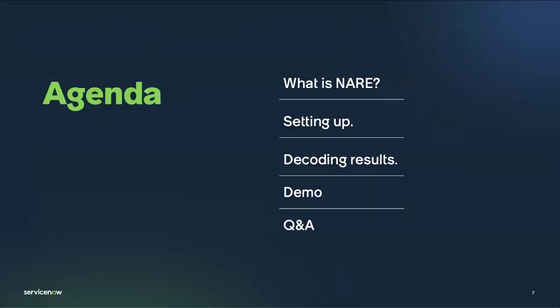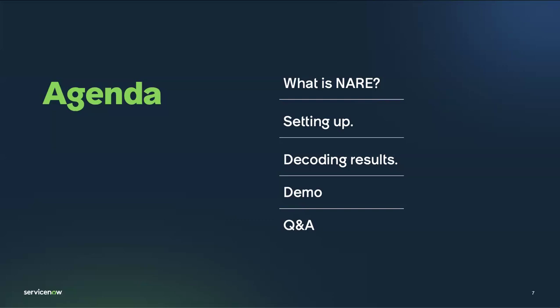Here's the path we're going to follow as we decode your readiness puzzle. First, we're going to take a look at what this app is and give you a basic overview. Then we're going to take a glance at how to set it up. This is the simplest part of the puzzle. Next, we'll take a look at how to read your results, decoding the dashboard of findings.